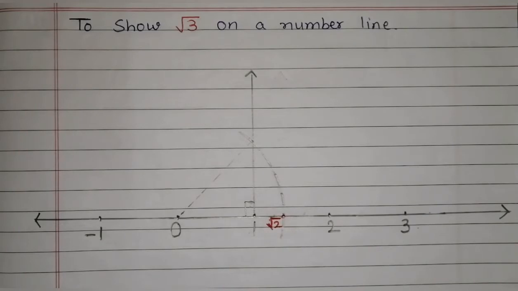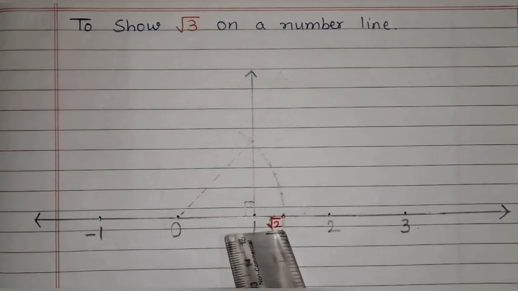Now we will see how to show square root of 3 on a number line. For that, in the previous video, you have learnt how to show square root 2 on the number line. So for square root of 3, first you have to draw square root 2 on the number line.